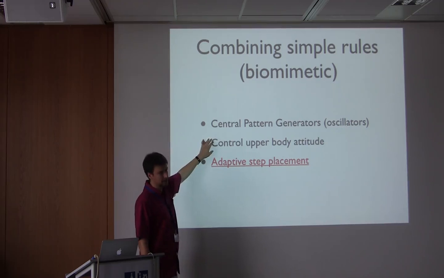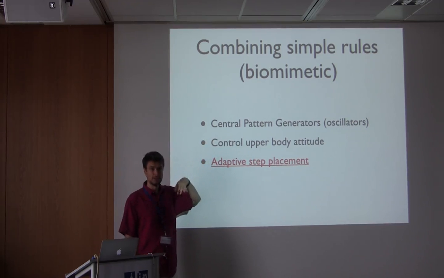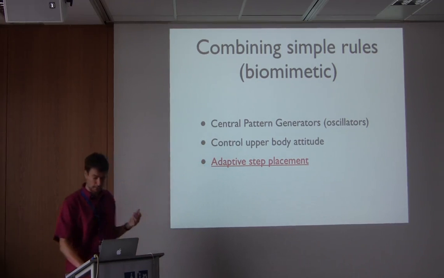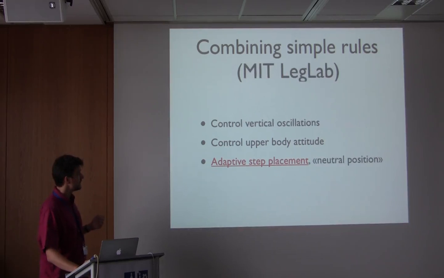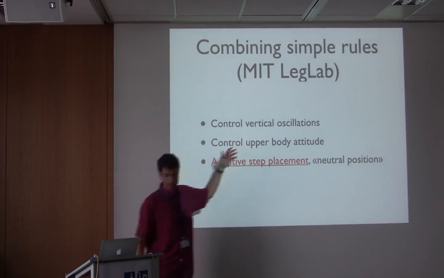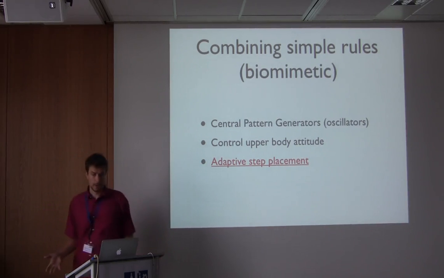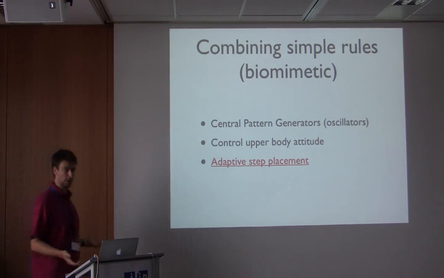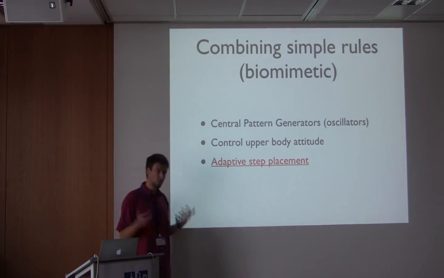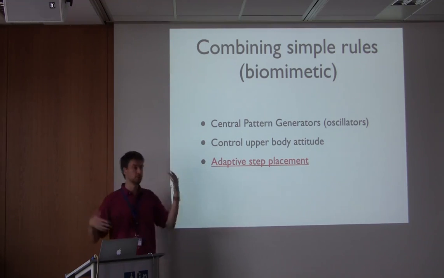They control upper body attitude, and mostly adapt step placement, with always the same simple linear rule. So the point here is that it's not very important what you do with your global motion. On the Hugo robot, they even tune by hand the walking motion. Because that's not that important, what the whole body motion is.